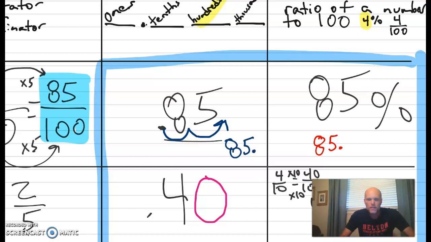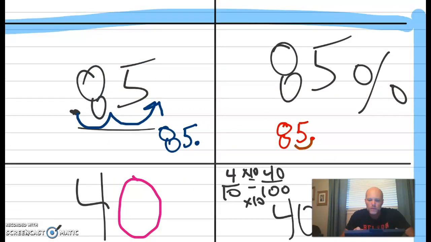Just like that. 85%. Okay, and the same thing applies for percent to decimal, except it's backwards. We would simply move the decimal twice to the left. And guess what it is now? It's 85/100ths, which is exactly the same thing as that decimal up there.